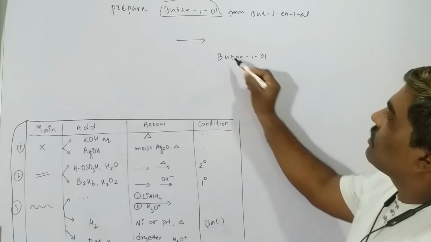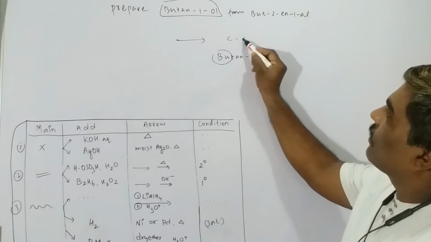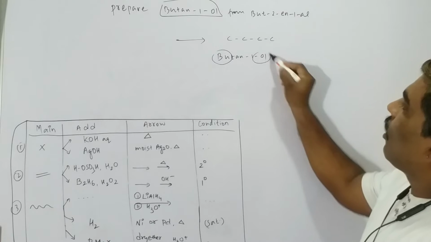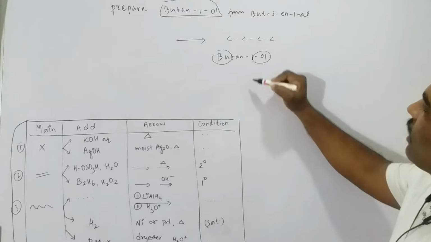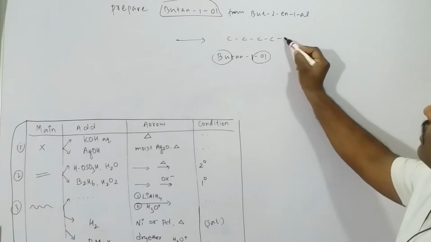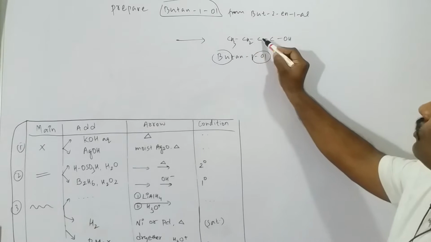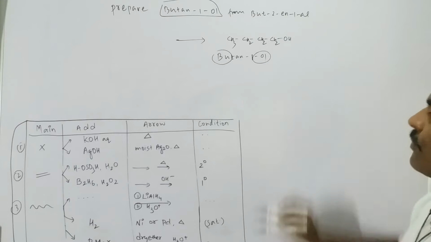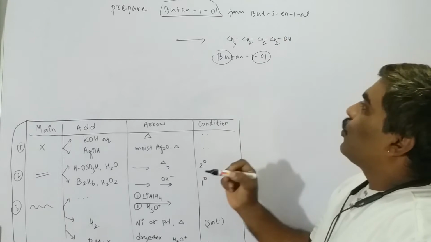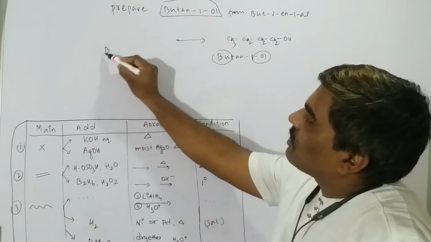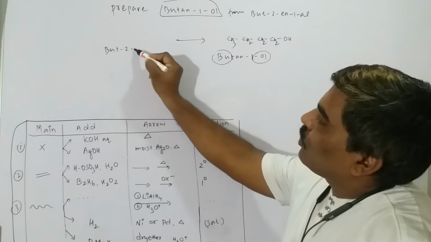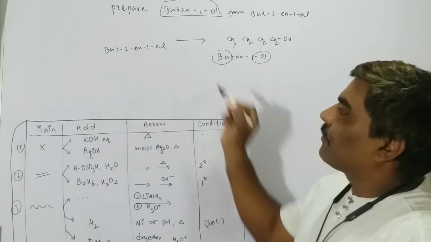Butan-1-ol is butane, 4 carbon, 1-ol, there's 1, so that is OH, here is 3, this is 2, 2, 2. From but-2-enal. Okay, now we'll say this, but-2-enal.